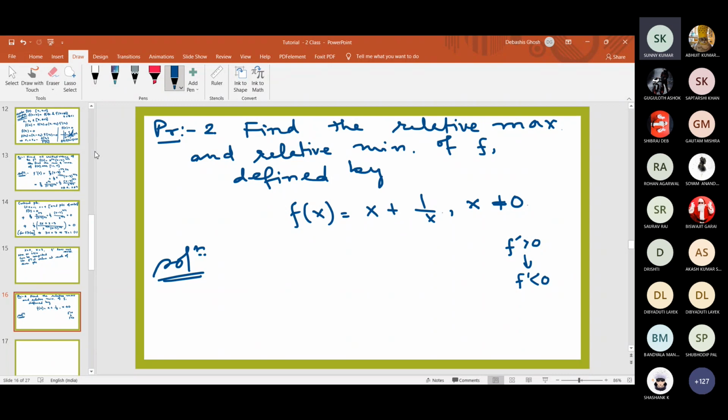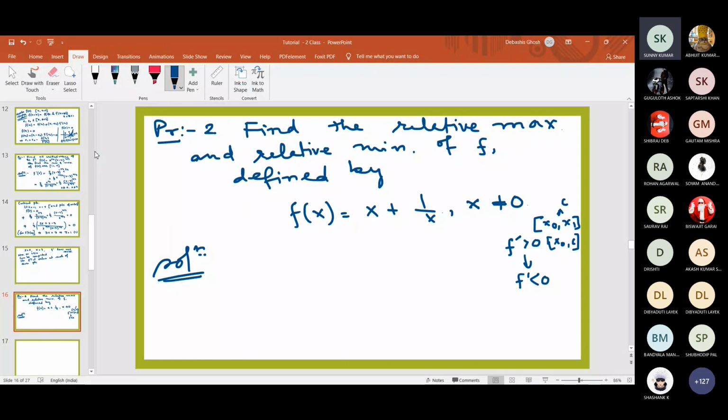Suppose you have an interval from x0 to x1, and in between you have a point C. If from x0 to C, f dash is positive and from C to x1 it is negative, then we can say that at the point C the function has its maximum.